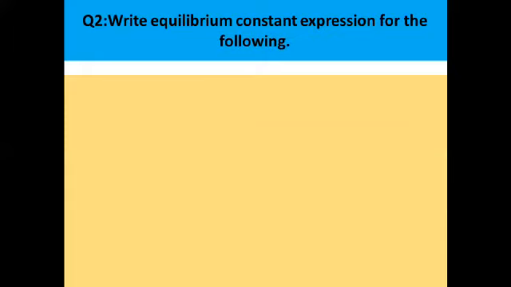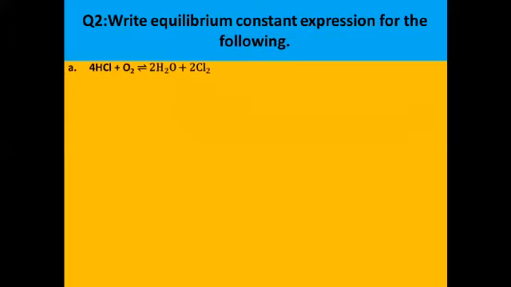The question is: 4 moles of hydrochloric acid react with 1 mole of oxygen and give 2 moles of water and 2 moles of chlorine gas. For this reversible reaction, you will write the Kc, or equilibrium constant expression.